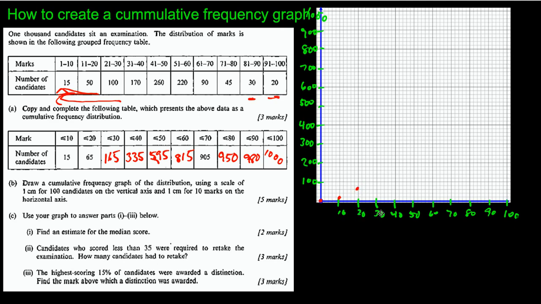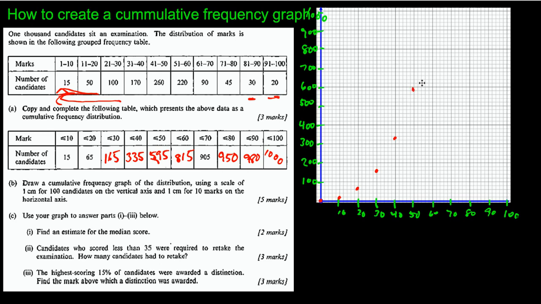Less than or equal to 30, we've got 165. 335 at 40, so you see we're ramping up here a little bit. 595, less than or equal to 50, so just shy of 600 here.